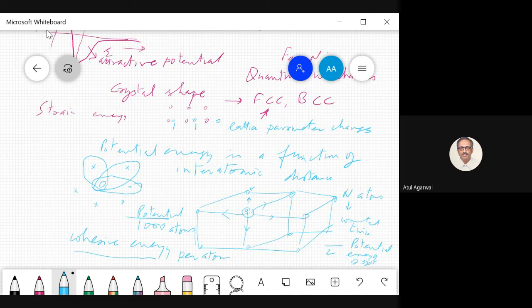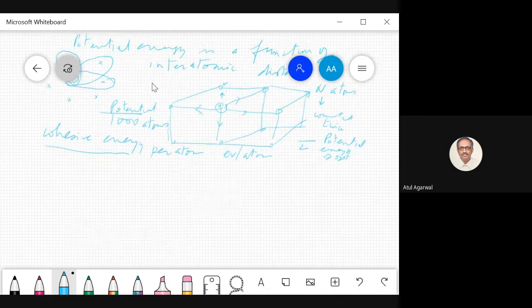You can calculate it this way. You will find this energy is of the order of some electron volt per atom. For different materials, it is of a different value.